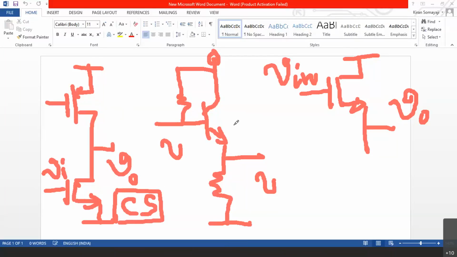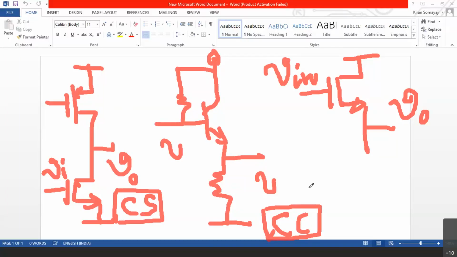Now, in the middle I am writing an emitter follower, or a common collector amplifier using a BJT. You can see the collector is the AC ground because it is connected to power supply. Input we are giving at the base and output we are taking at the emitter.